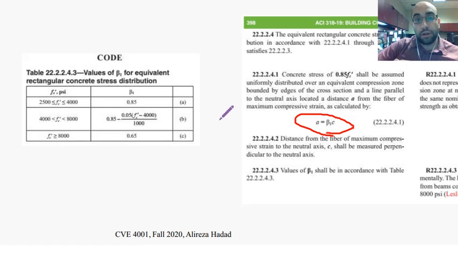The critical parts of the code that have changed from 14 to 19, I will specify them, and I will clearly tell you that this part is brand new in 2019, and you have to have in mind that this is something that we need to always look for in the 2019 version. There are two major differences. One of them is about shear design.